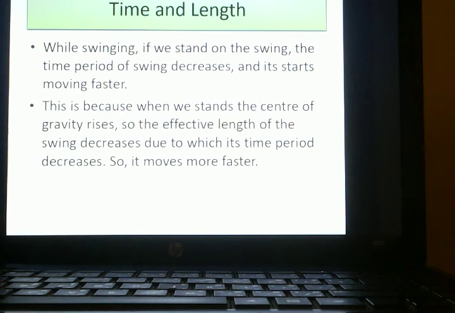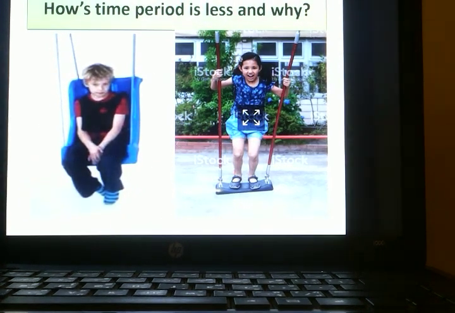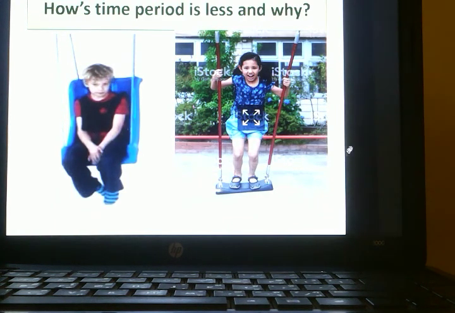As it rises, the effective length of the swing decreases, so the time period also decreases and it moves faster. So whenever a girl or any person stands and swings, she swings quite a bit faster than a person sitting in the swing.